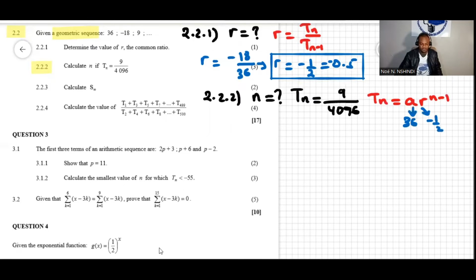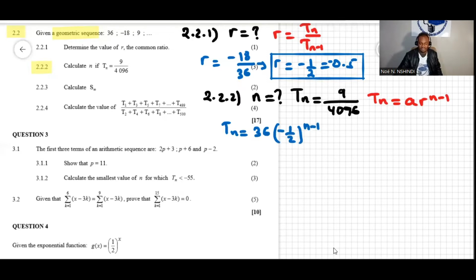Therefore Tn will be equal to 36 times -1/2 to the power of n minus 1.